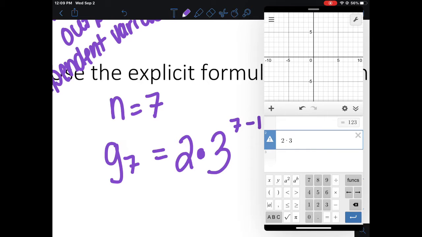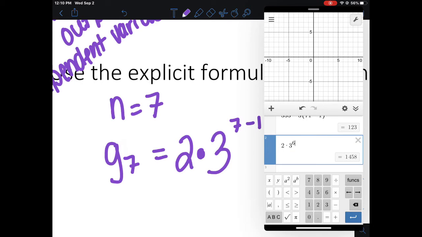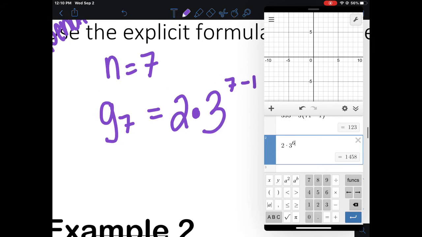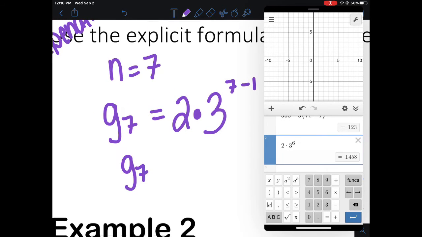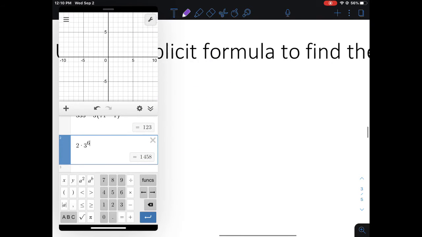This AB button up here, if you can see it being highlighted as I click on it, will get me to that exponent, and I will do 6. You can do 7 minus 1 if you want, but I know 7 minus 1 is 6, so I just skipped a step there. And our 7th term equals 1,458. So again, in terms of my made-up context, 7th day, you made $1,458. Not a bad day's work.